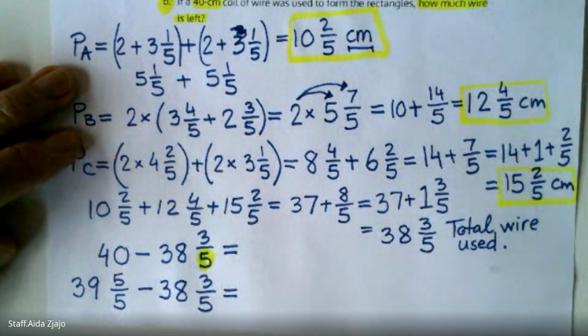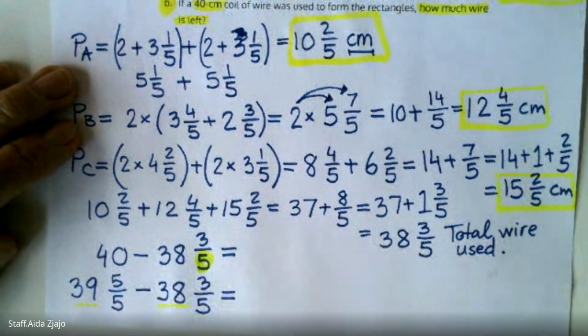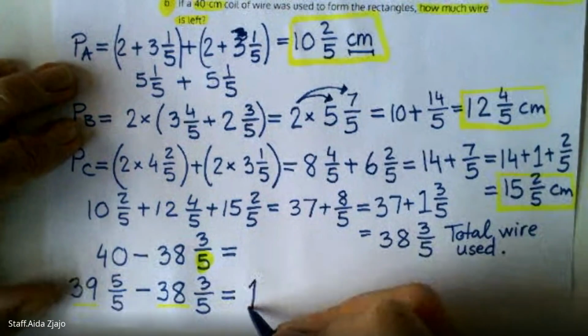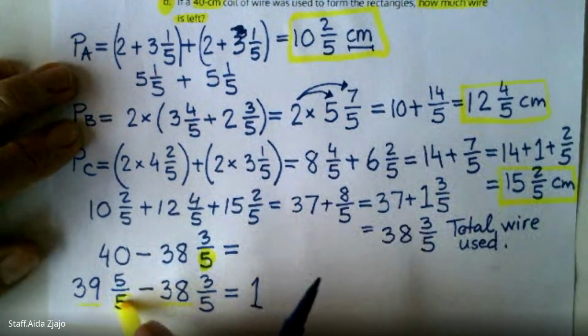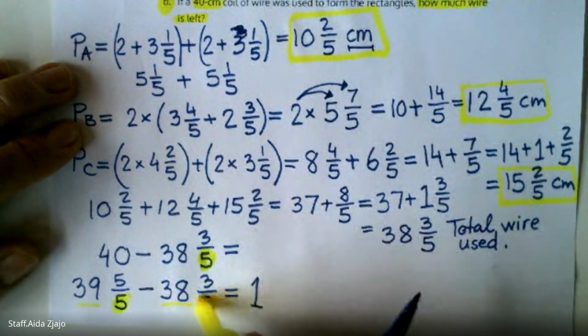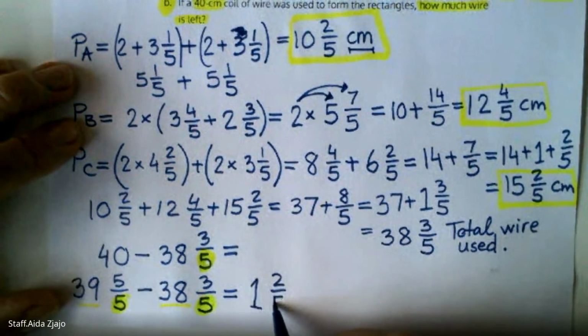So now 39 minus 38 is 1, and 5/5 minus 3/5 is 2/5.